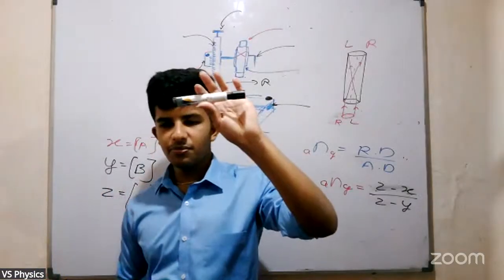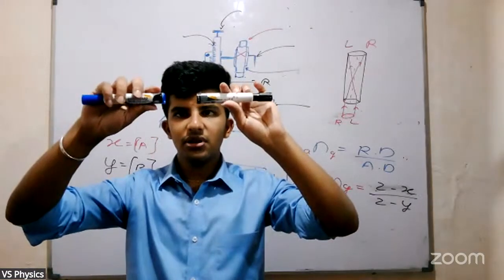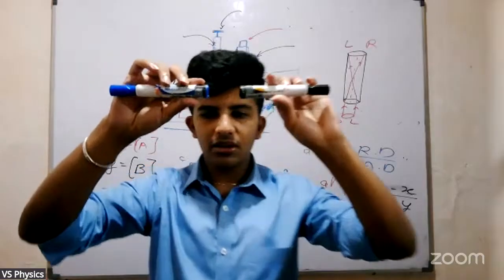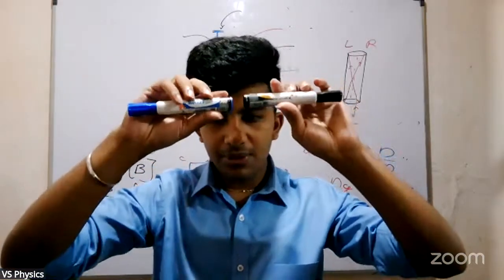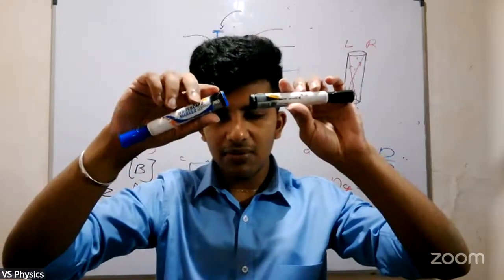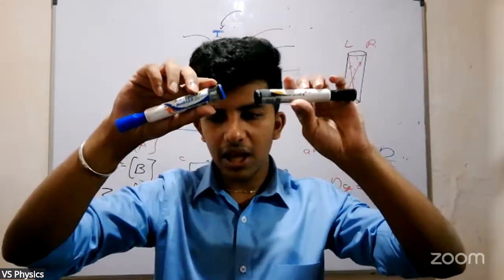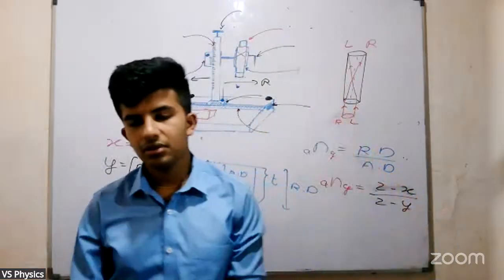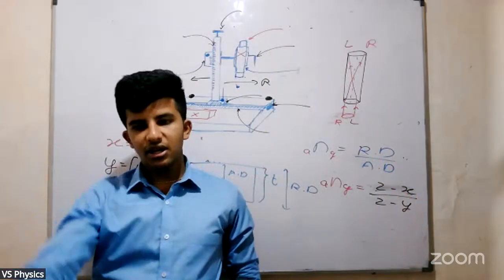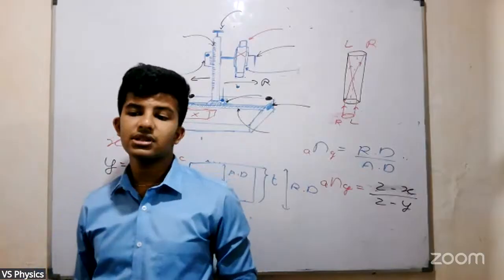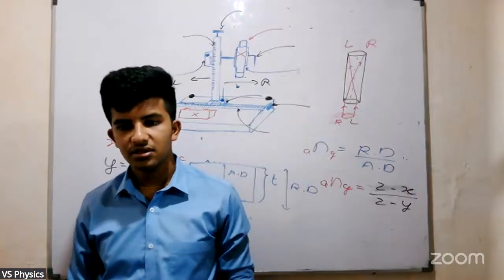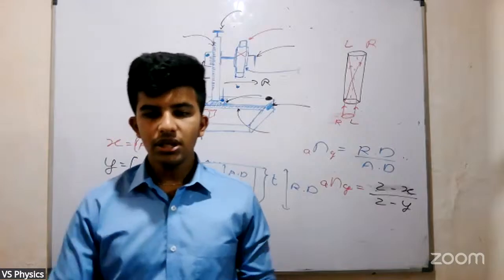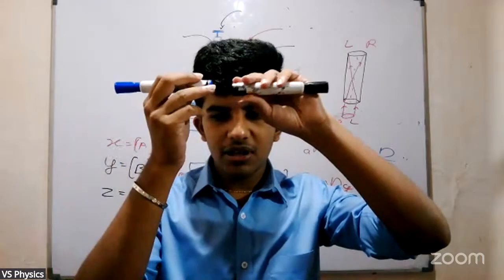This is the microscope and this is the capillary tube. When you place this capillary tube, they should be perfectly coaxial. If it is slightly off, what will happen? The whole glass will be visible, it will become dark and there are so many other issues as well. So they have to be perfectly coaxial.